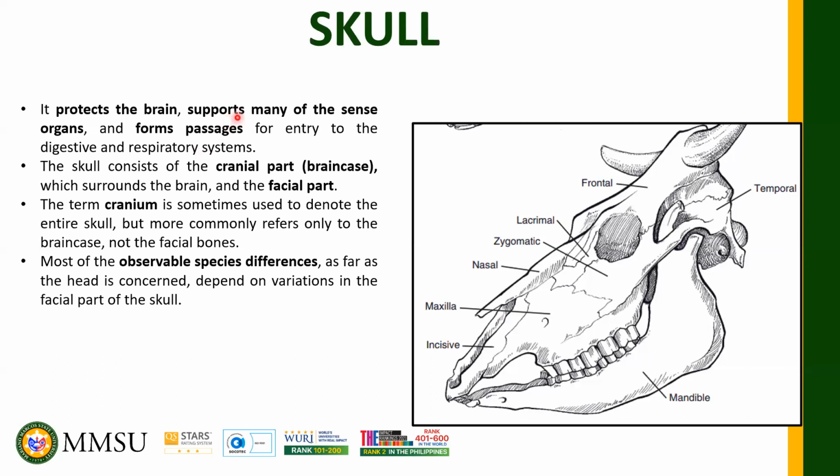So another one, it supports many of the sense organs. It usually provides support for various sense organs, like for example, the eyes, the ears, the nose. So lahat ng mga to, itong mga sense organs na to, the skull ensures that they are well positioned and they are well protected.